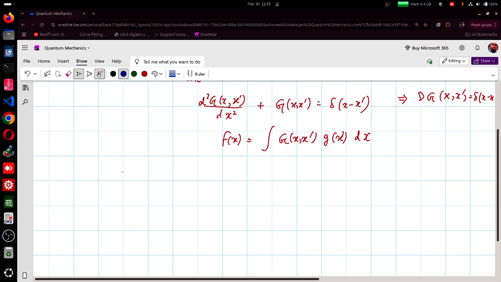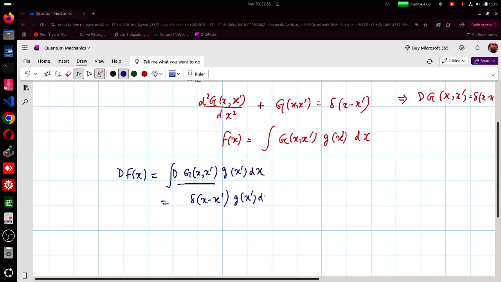We get D f(x) equal to the integral of D G(x, x prime) g(x prime) dx prime, which is the integral of delta(x minus x prime) g(x prime) dx prime. What is the integration?